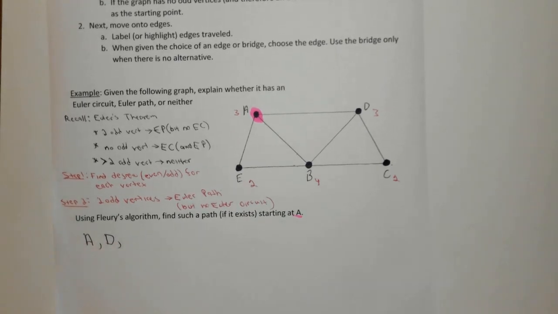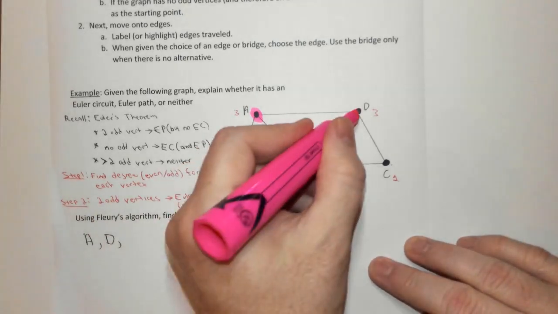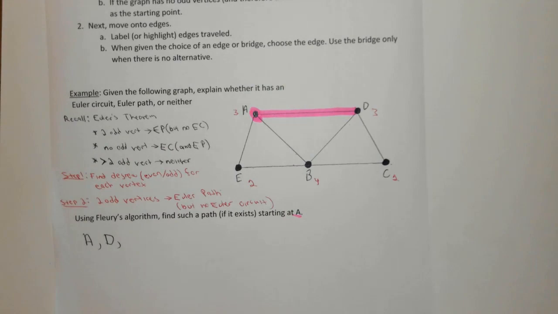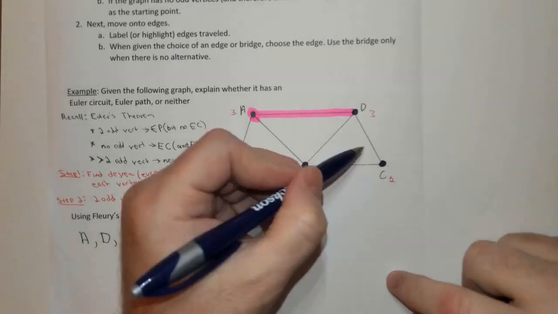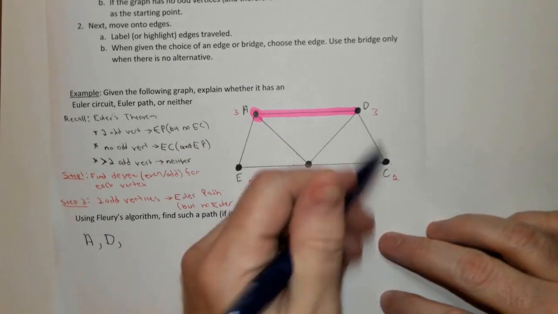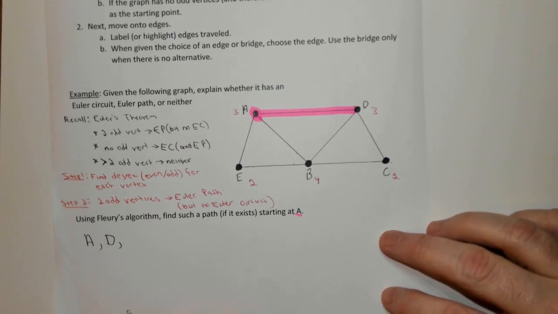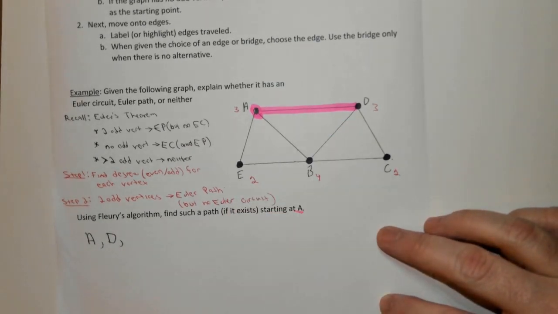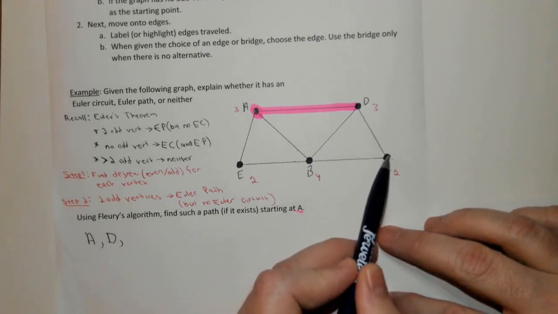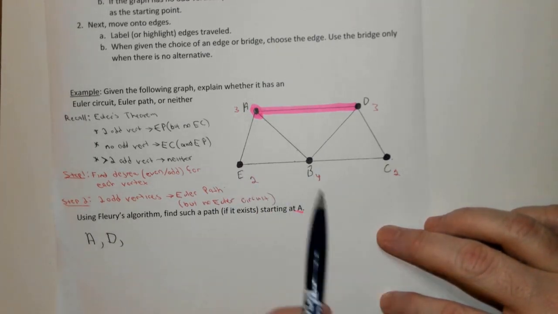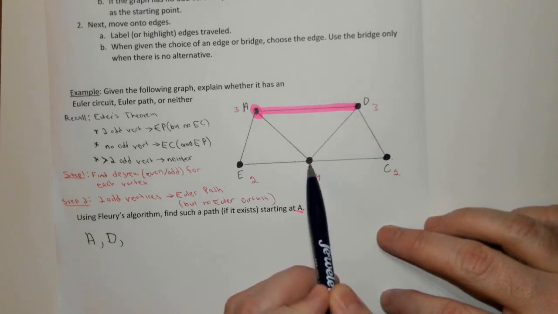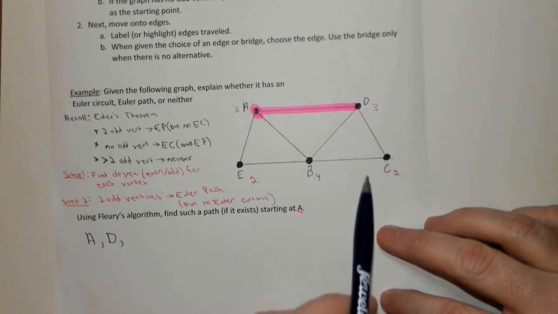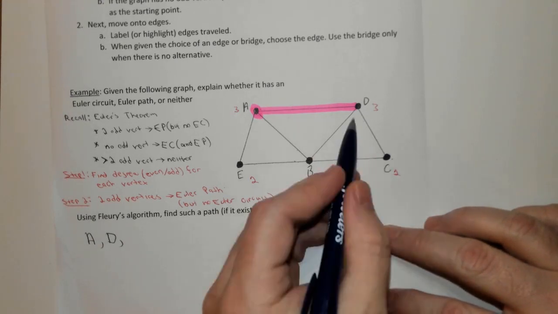As I do this, I'm going to highlight each edge. I recommend this. It helps me. If I were to just try to trace over it, I may not realize what's a traced over edge and what's not, but a colorful highlighter helps. So from here, I could go here or here or here. I kind of want to leave BD last or CD last because I have to end up there. But I'm going to go ahead and go to B.